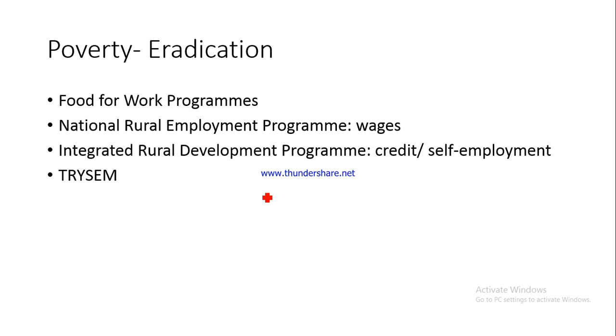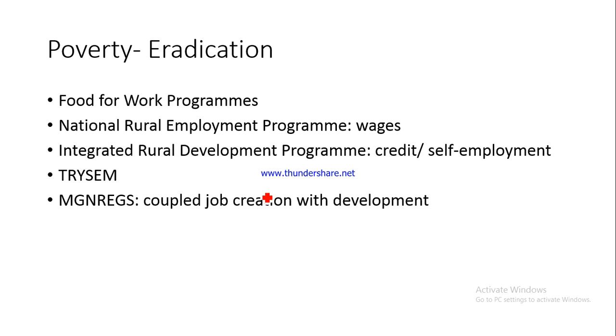And the most recent initiative taken by the UPA government in 2005, under the Prime Ministership of Dr. Manmohan Singh, is the Mahatma Gandhi National Rural Employment Guarantee Scheme. As you might all know, families in rural areas are provided 100 days of guaranteed work in a particular year, and the wages are paid as per the minimum wage in that particular state.